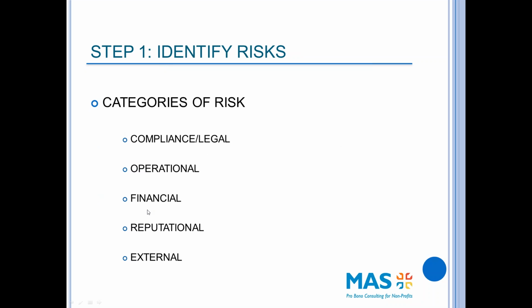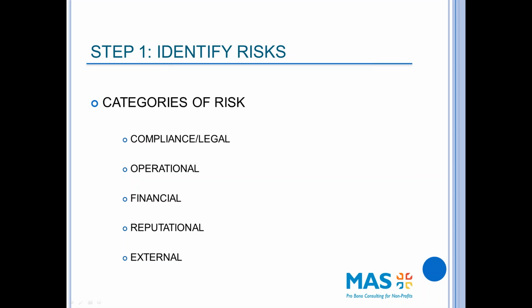So we're going to go through each of these categories of risk. Now, there are different ways of thinking about the big buckets or categories of risk, but I think these will work for most of you and certainly work as a good starting point. There's compliance, legal risk, there's operational risks, financial risks, reputational risks, risk to your reputation as an organization, and then a bucket that I've just called external risks.